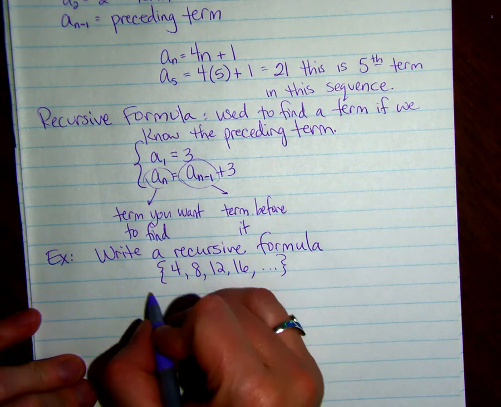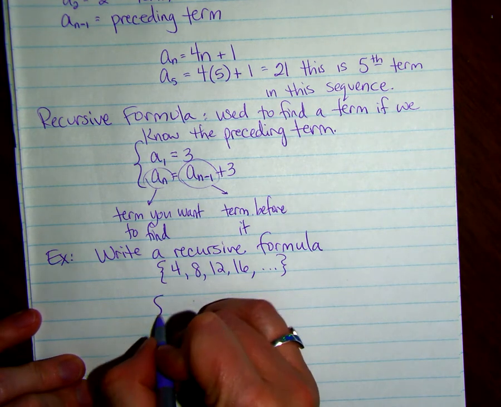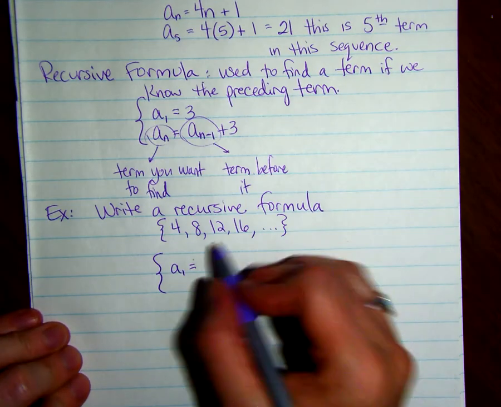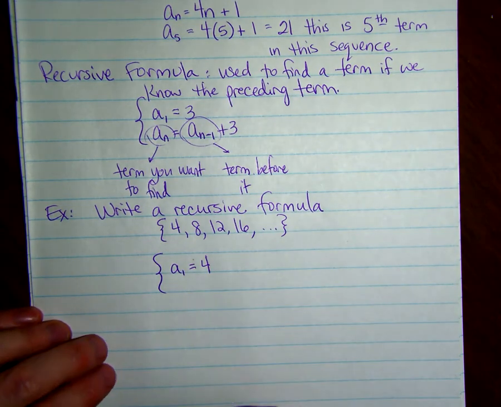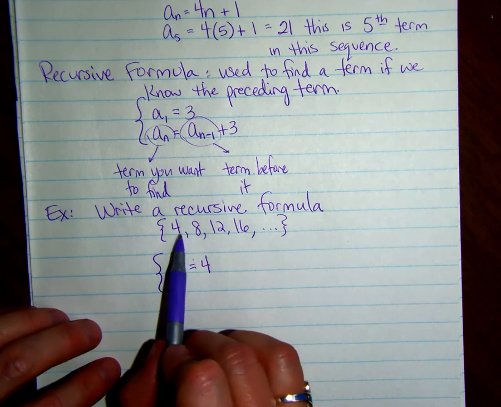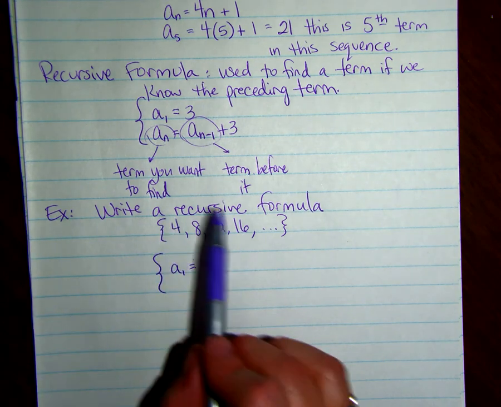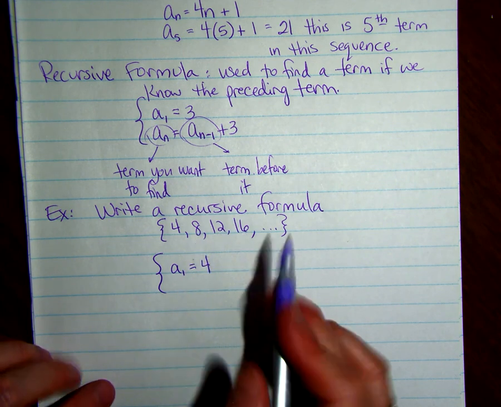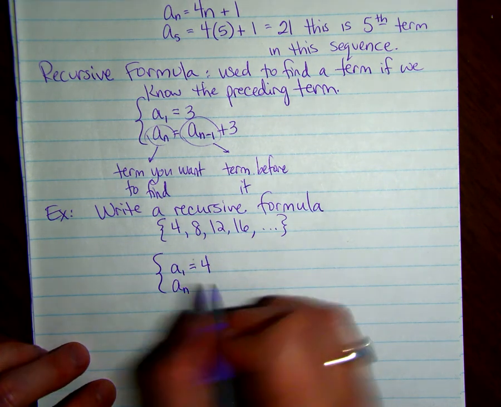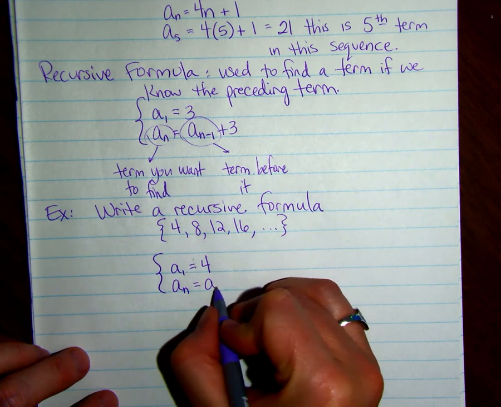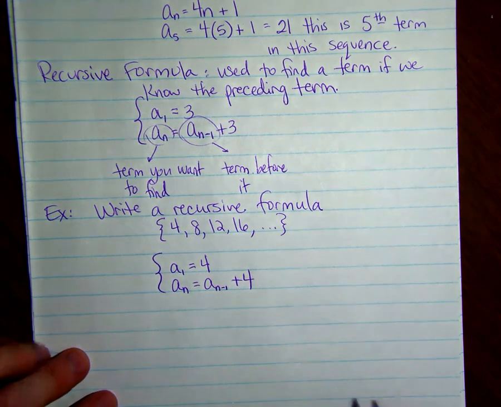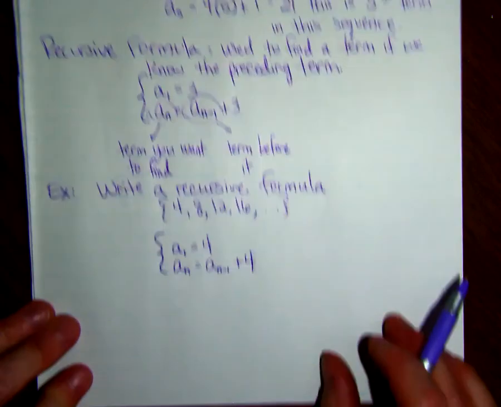So what we need to do is we put our brace down, a sub 1, what's our very first term, is 4. And do you notice what we add to get to the next term? Looks like we're adding 4. So we're going to say any term, we take the term before it, a sub n minus 1, and we add 4. So that's our recursive formula.